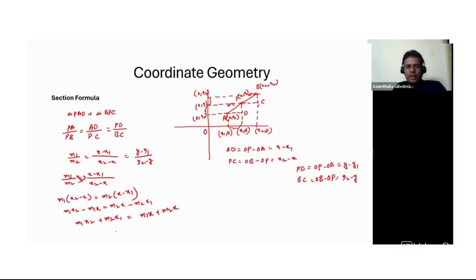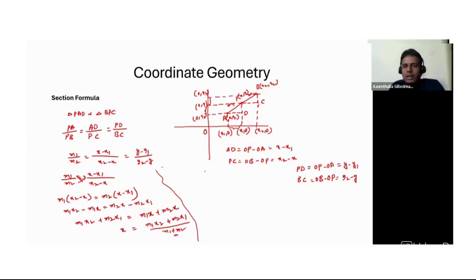If I rewrite this, can I say x equal to, hold on guys, x equal to m1 x2 plus m2 x1 by m1 plus m2. That is our x coordinate of point P. So the formula is m1 x2 plus m2 x1 by m1 plus m2, just by equating that.